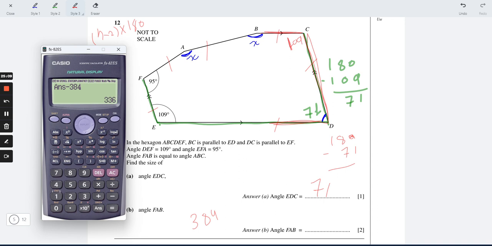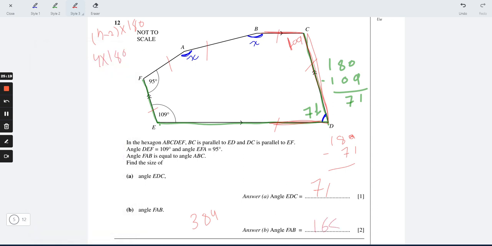Now angle A and angle B are equal, so divide by 2 and you get 168. So each angle here is 168 degrees.